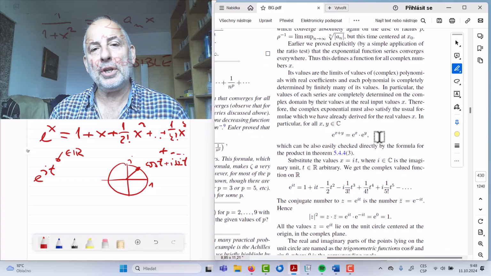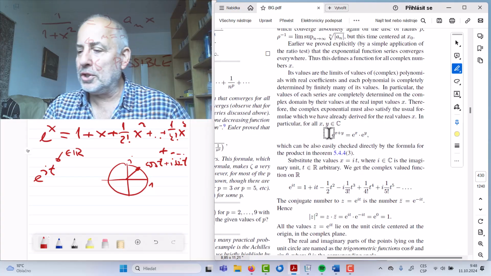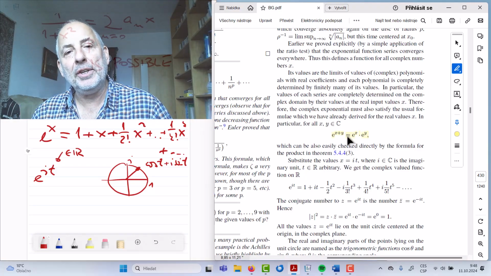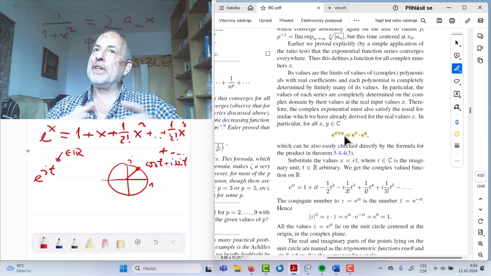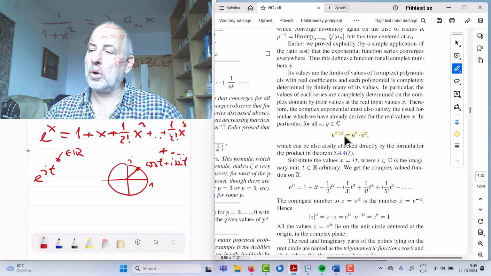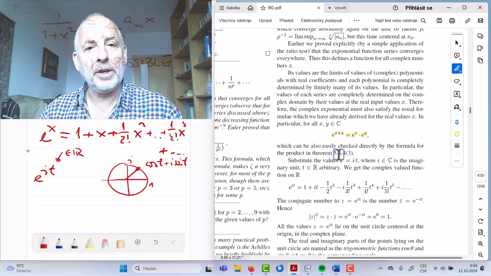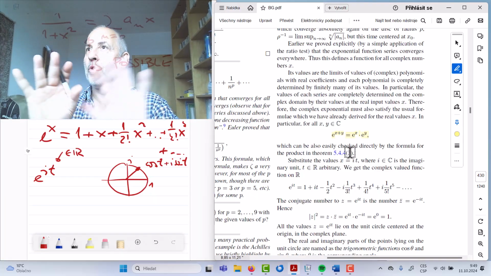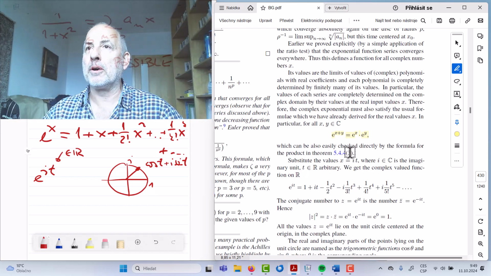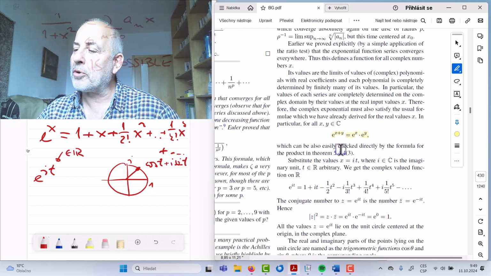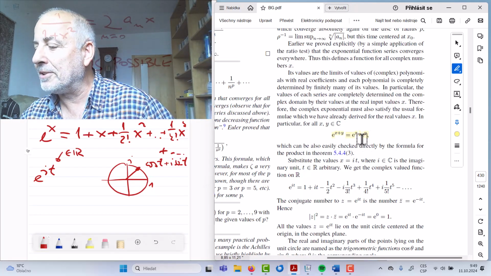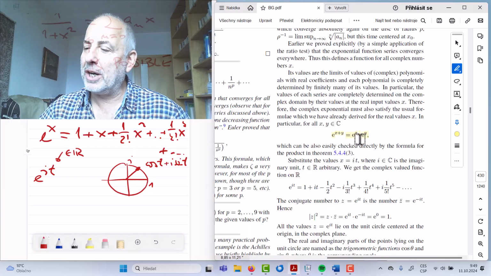We can also see that it's quite easy to check that the rule we use to define e to x plus y on the real line will hold true also for the complex power series. It's just some combinatorics looking at how the terms are, right? And it will use our knowledge of how to work with products of series. So that's a nice exercise to check that this holds also for the complex plane.